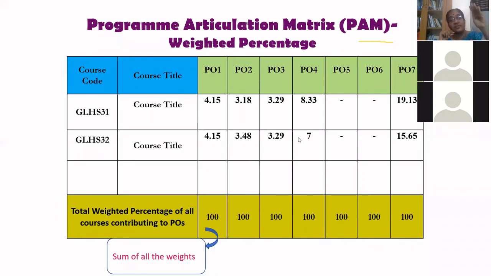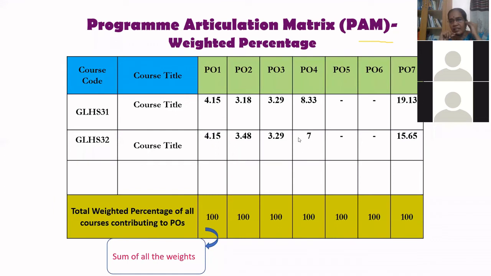And when you total the columns, it will be 100, just because it is weighted percentage. So you can check with that; the calculation should be correct. You can put all the columns in Excel format so that the total is calculated automatically.